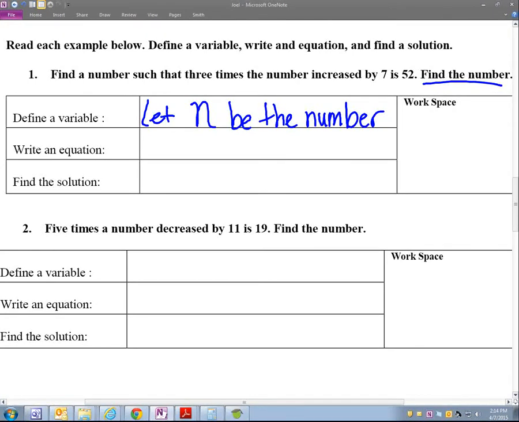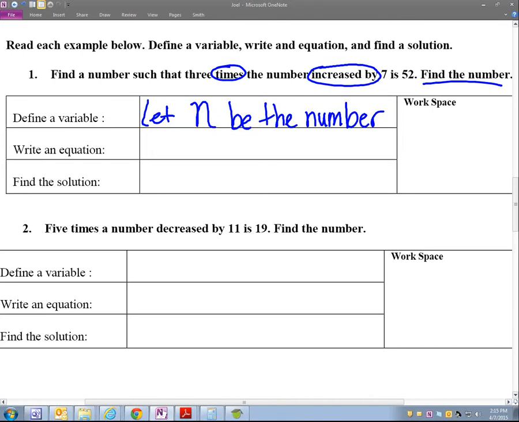Okay, let's see. Is it increase? Find a number such that 3 times the number is increased by. Increased by is one of them. Not the first one, but it is one of them. Lainey? 3 times? It's just times. Because 3 is the number? Yep. You're not wrong. You're perfectly correct. One more?